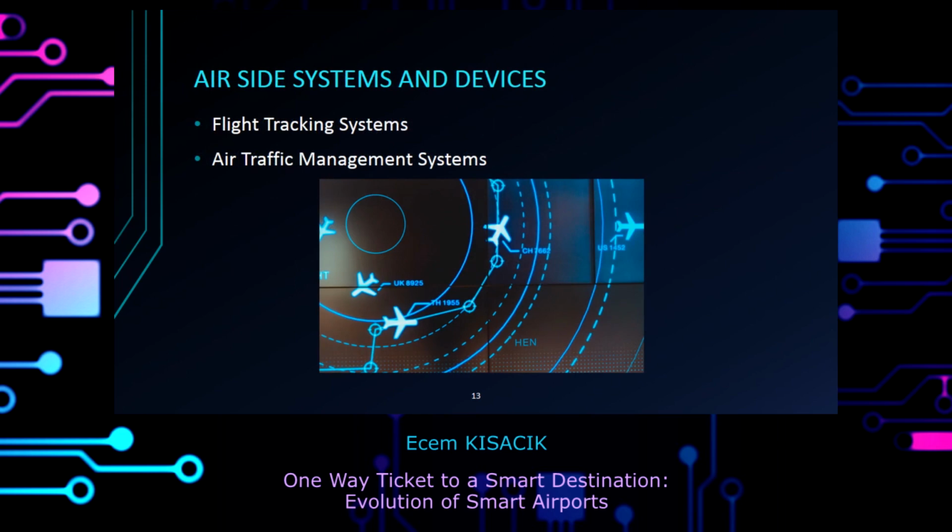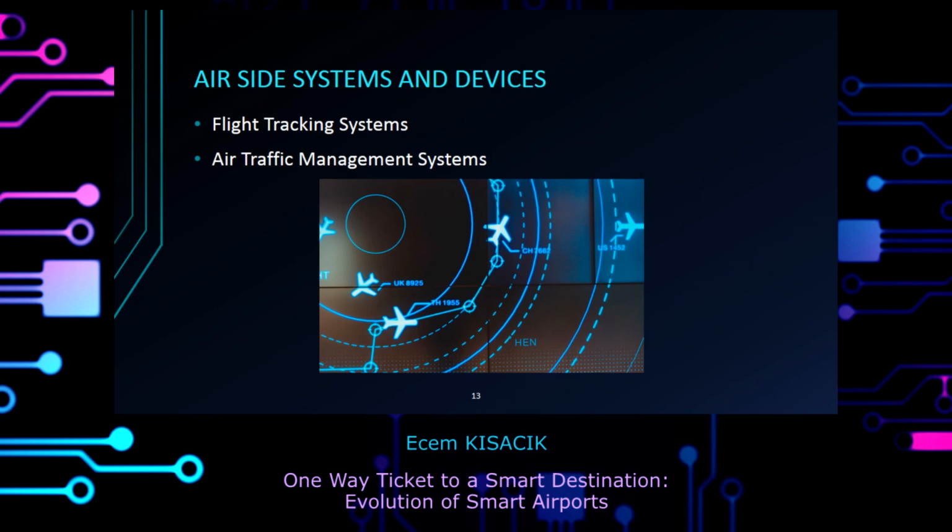Now the most critical systems of an airport, airside systems and devices. A few of them are flight tracking systems, meteorological information systems, departure control systems, air traffic management systems. The air traffic control unit or the tower manages these systems.